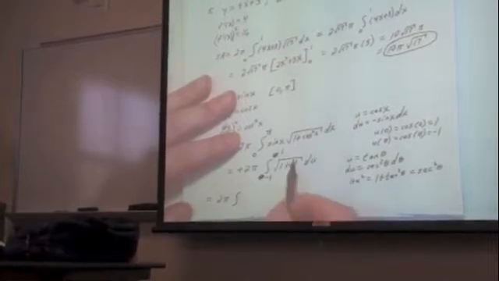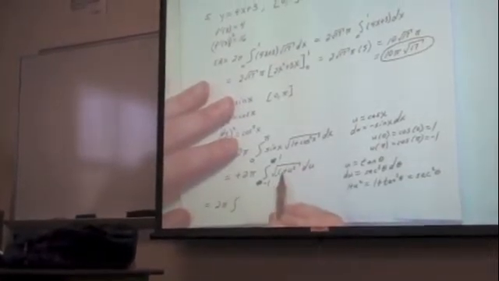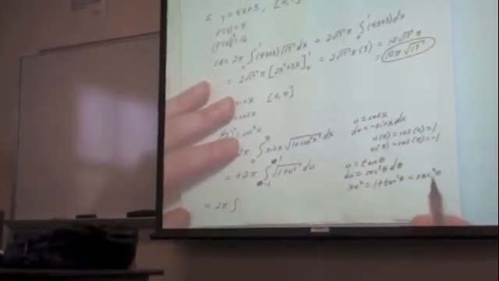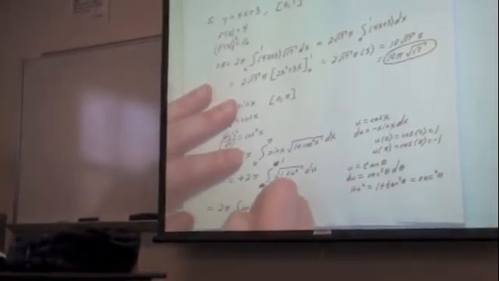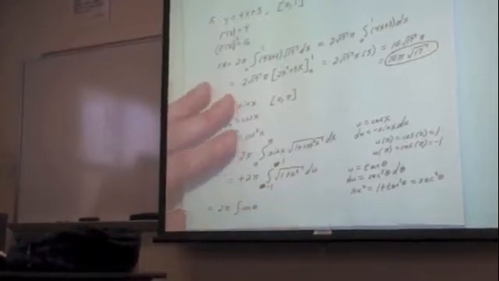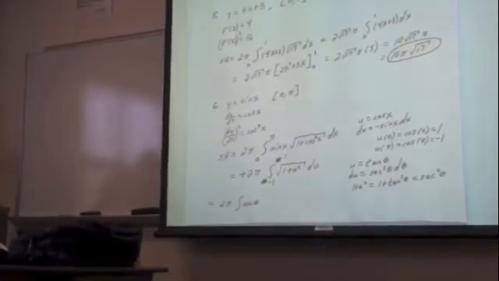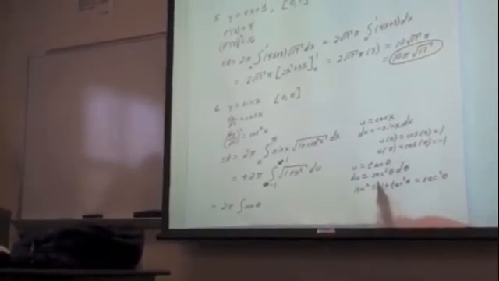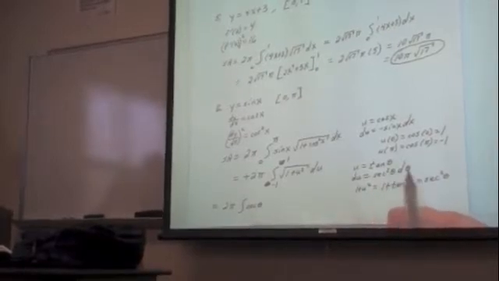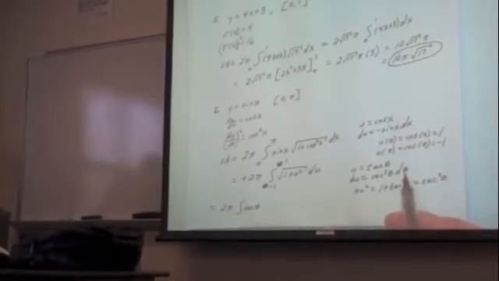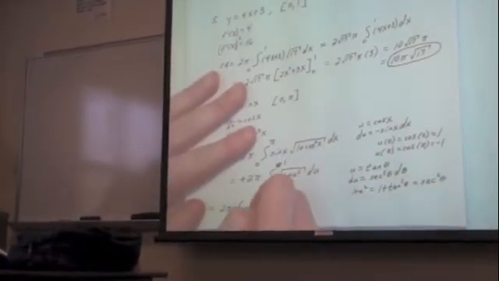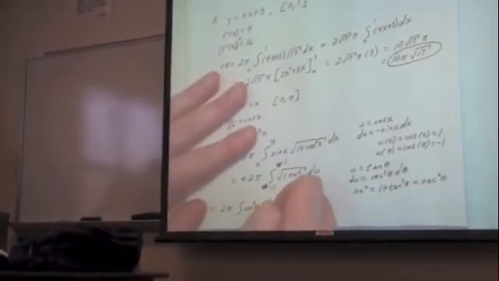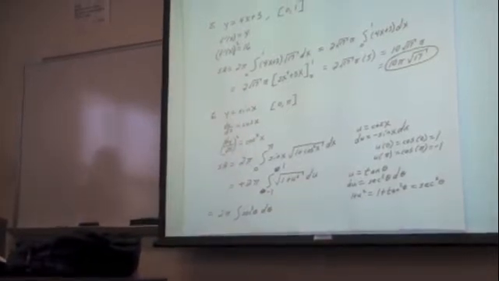The square root of 1 plus u squared becomes the square root of secant squared, secant theta. So now du is secant squared d theta. When I multiply by du, secant squared d theta, this becomes secant cubed d theta.